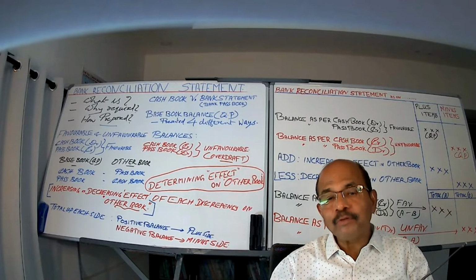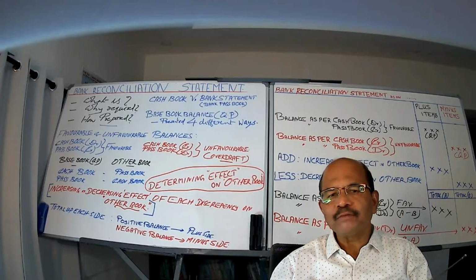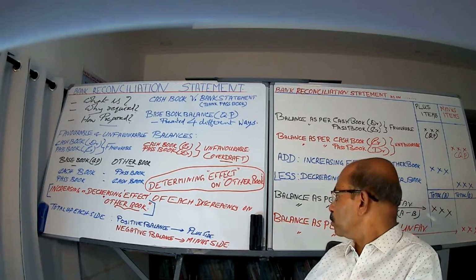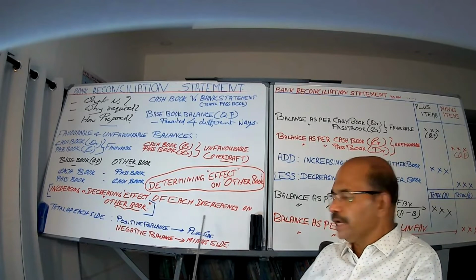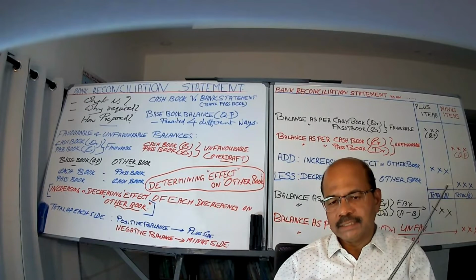And the other book will be, if cash book is given, the other book will be pass book and vice versa. That's all. If you are given balance as per cash book, the other book will be pass book. So that you indicate somewhere in the margin of your answer sheet.